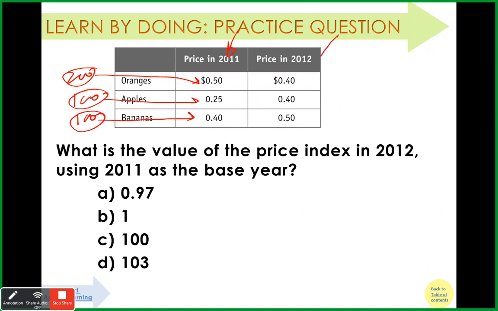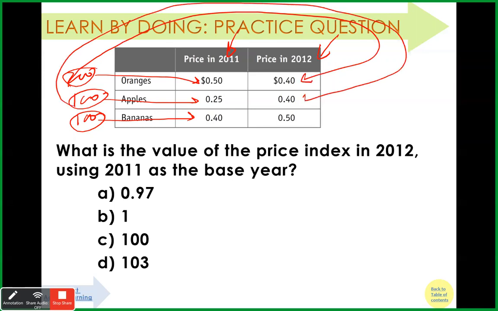And for this cost, use 200, 100, and 100 for the base year quantities. Then sum them together and find the number times 100. Is that clear? If it's clear, I'll leave the calculator for you, okay? Is that fine? We good? All right.